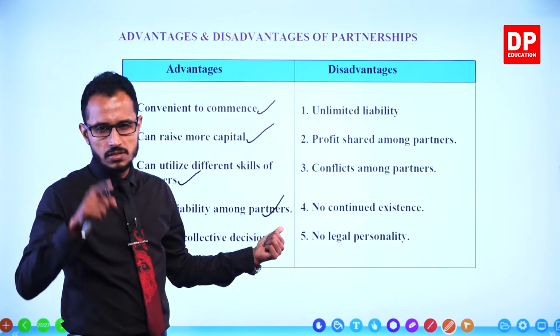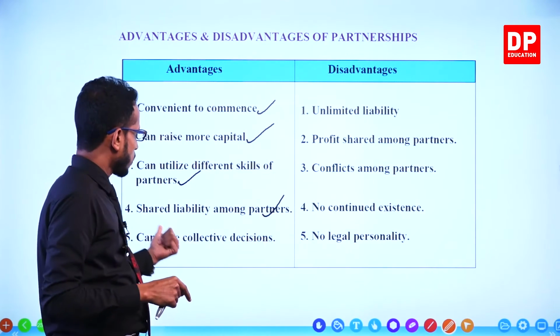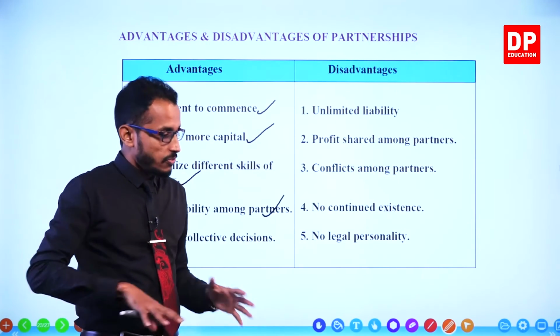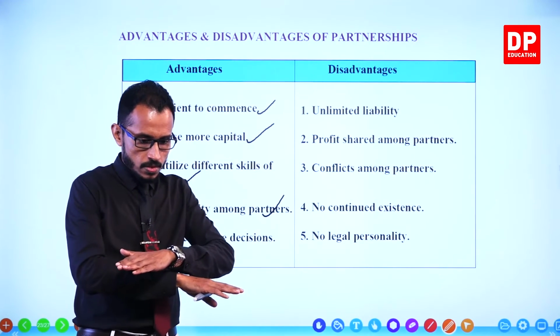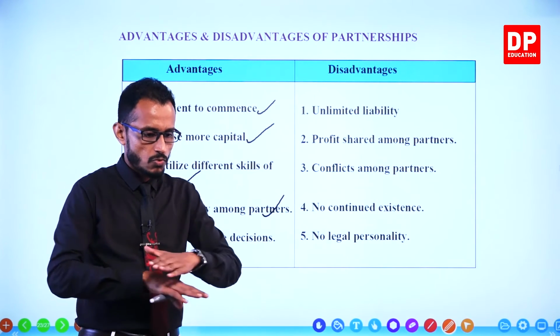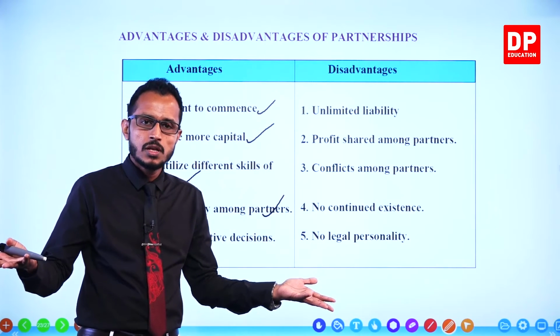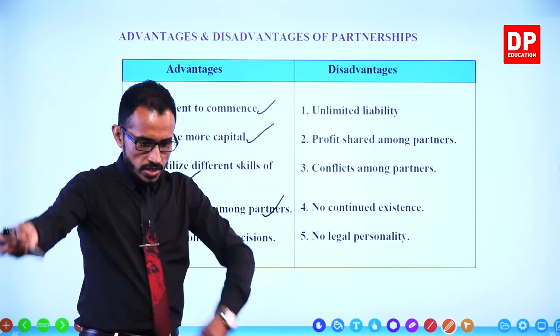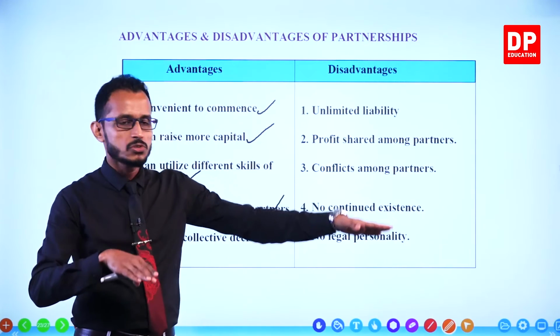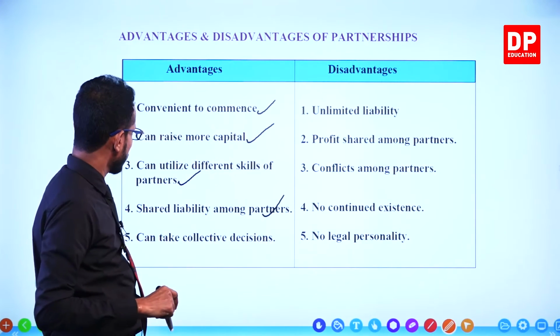Liabilities, you know what liabilities are? Loans or payables. If the business is wound up because it's not successful, all the partners can get together and put in money and settle the loans of the business. Shared liability.